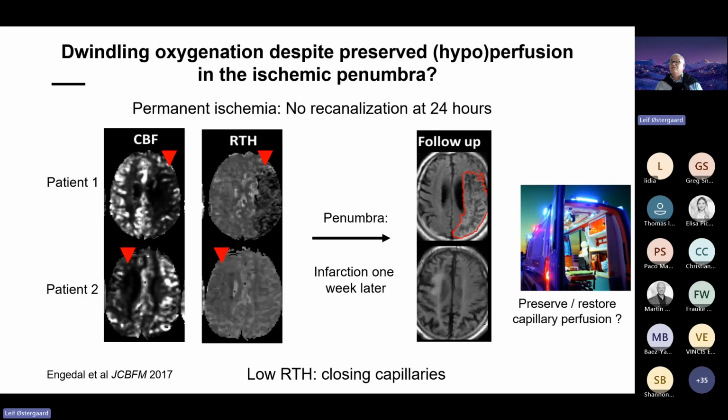I know this is mind-boggling, but because capillary flows and CBF combined affect oxygenation, then you can actually do something with oxygenation by affecting capillary flows alone, even though you cannot restore CBF, at least theoretically. So hence the question mark.